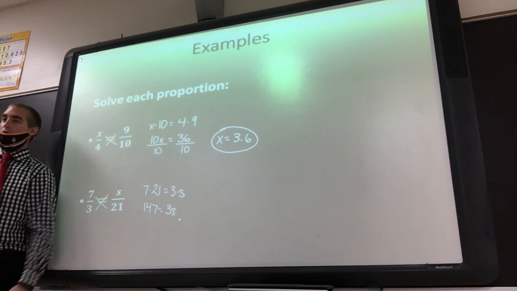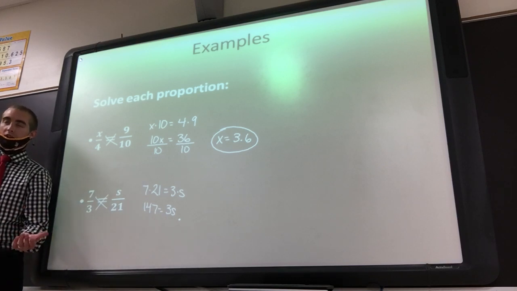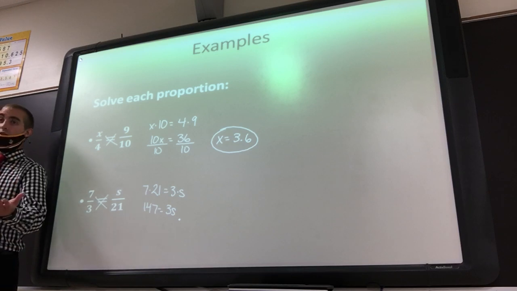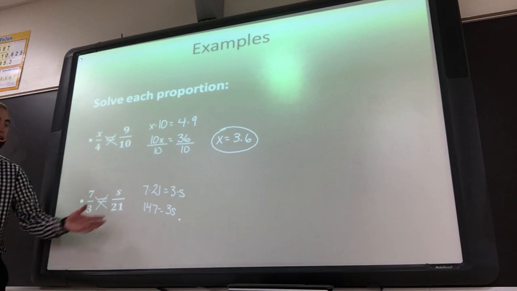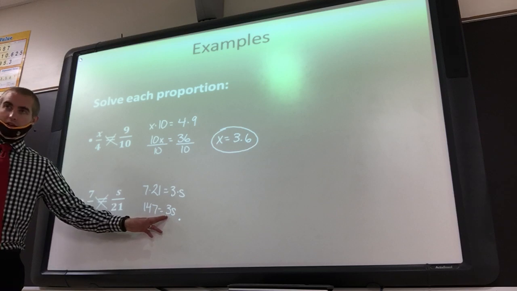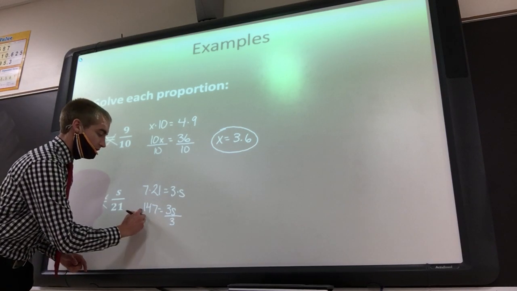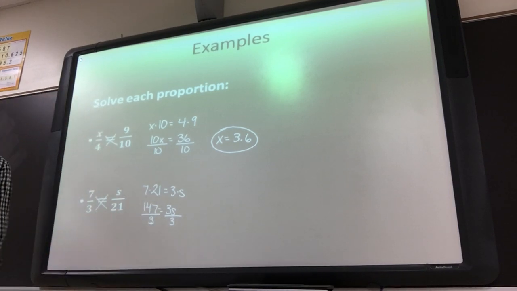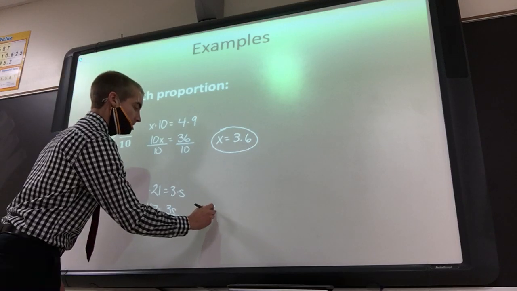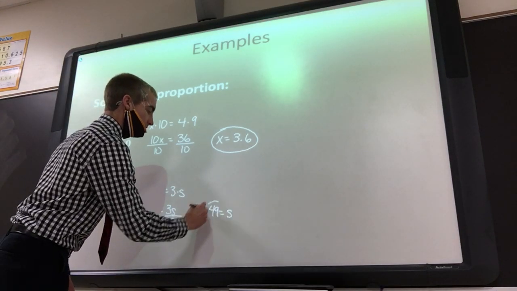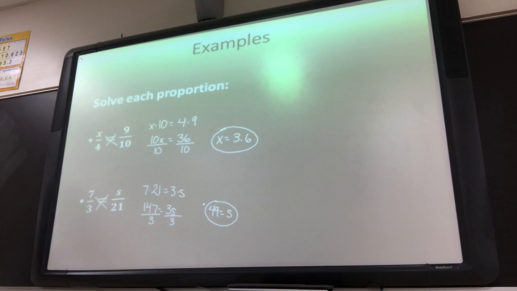It doesn't, because it's still equal to each other. So I saw most everybody's still doing the same steps, which is correct. You're going to divide this by 3 because we want to get 1s. So you're going to do 147 divided by 3, and you should get 49 equals s, or s equals 49.